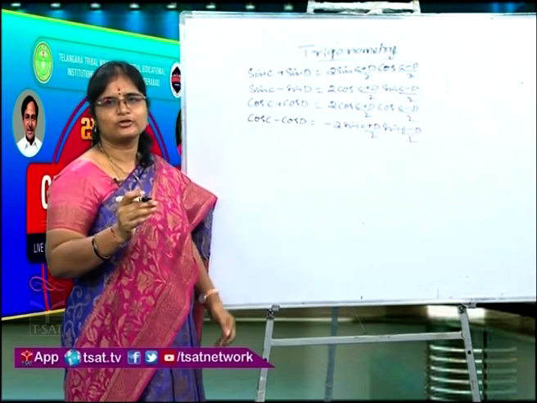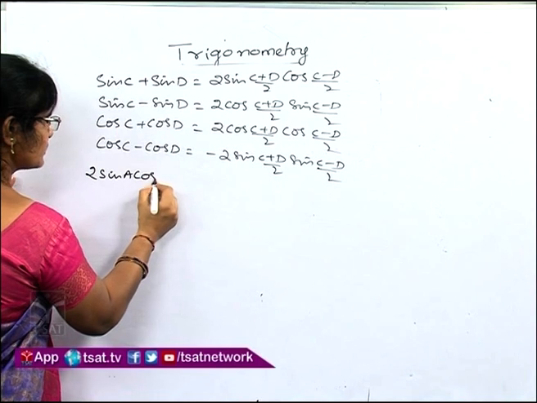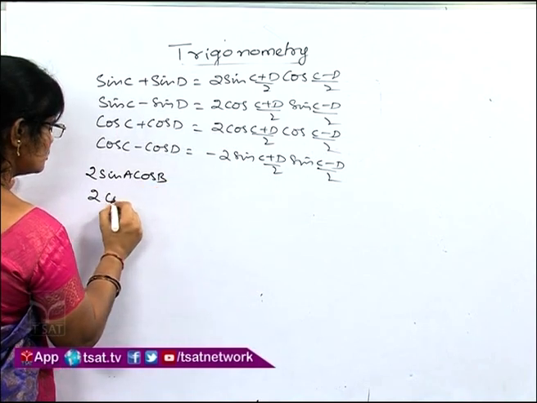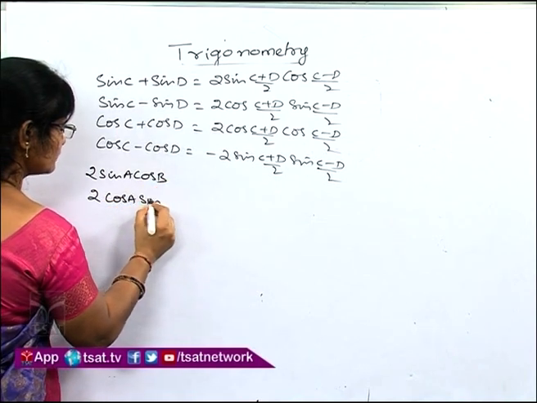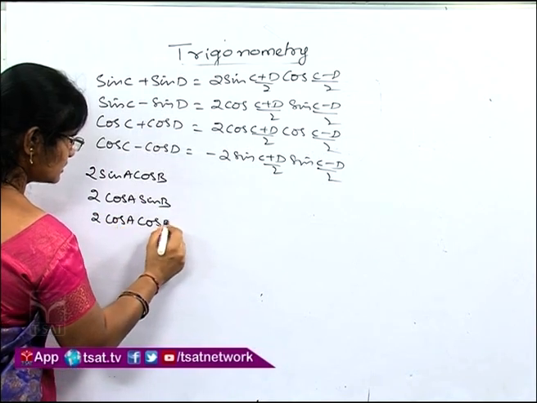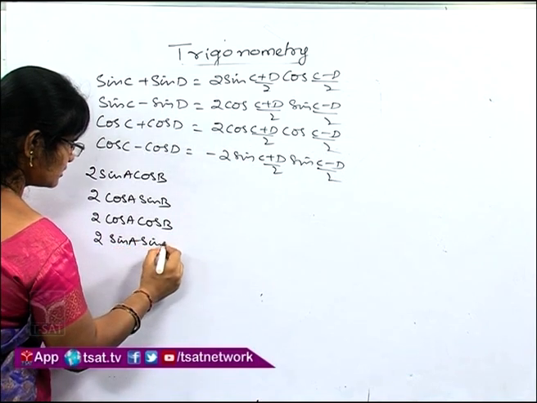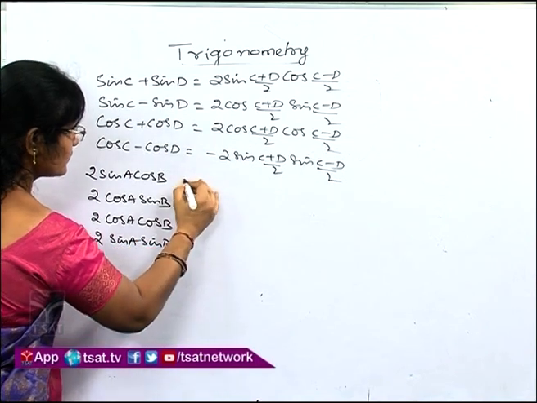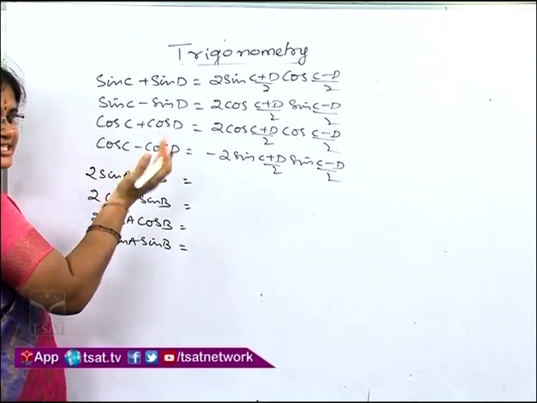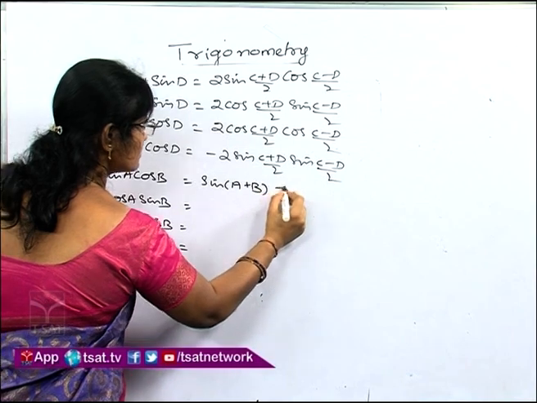transformation of product into sum: 2 sin A cos B, and next one 2 cos A sin B, 2 cos A cos B, and last 2 sin A sin B. How will we write this formula? First, sin is coming first, so sin sum plus sin difference.